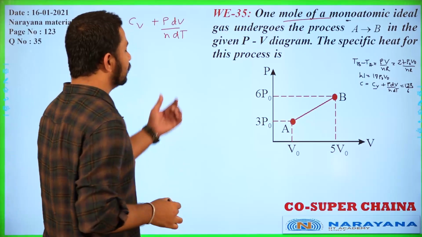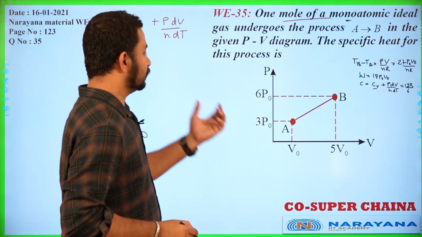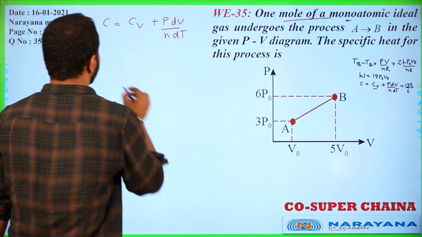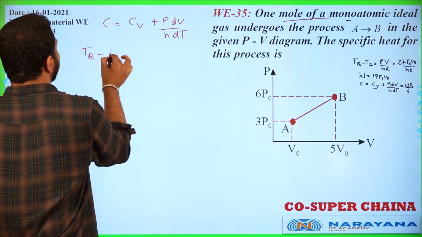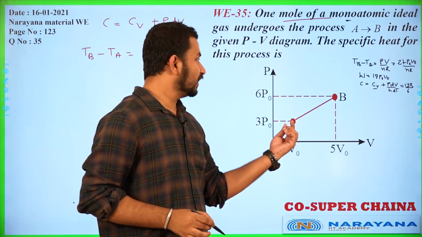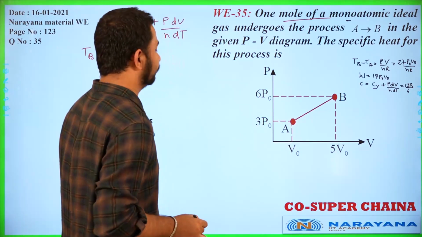So dT we need to calculate here. dT can be just the slope of this one, so TB minus TA. How do we find slope? Y2 minus Y1 divided by X2 minus X1.